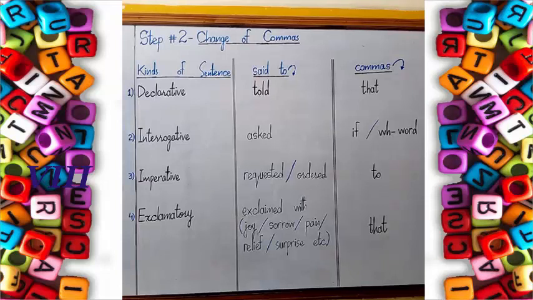Step number 2, change of commas. I will explain step number 2, change of commas, with the help of the same figure I gave you in step number 1 when we were learning to make changes in said to. The change of commas also depends upon the kind of sentence we have in the reported speech.